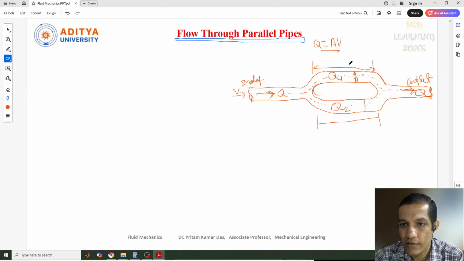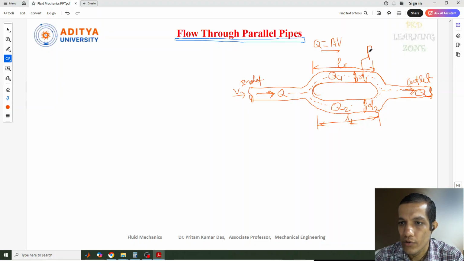This is the length L1 and this is the length L2, and the diameters of the pipes are D1 and D2. The diameters may be different, but the lengths should be the same, because the length from where it started to the end should be the same for pipe 1 and pipe 2.